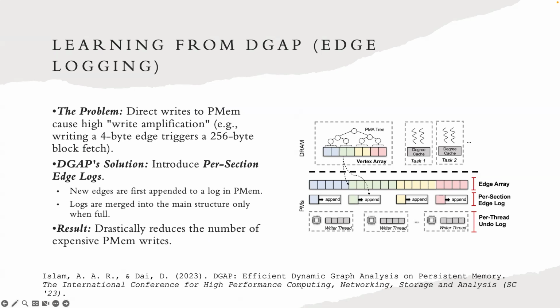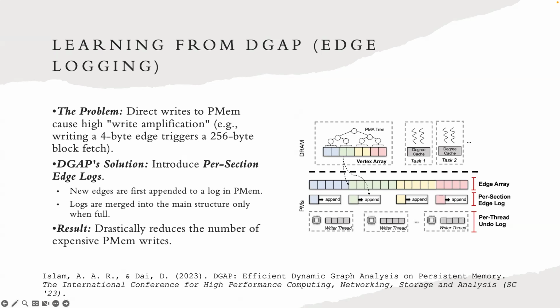The main interesting part of DGAP is that it applies mutable CSR for the per section edge logs, and the two important logs of this framework reside in the persistent memory.